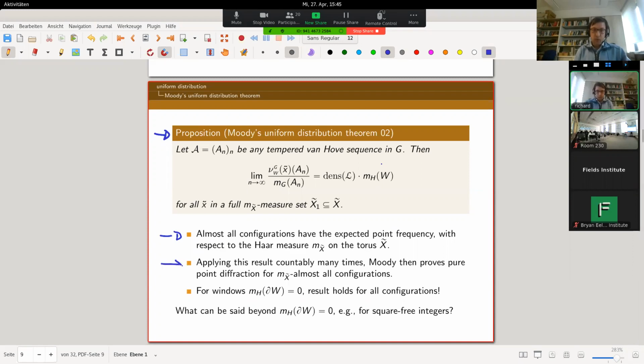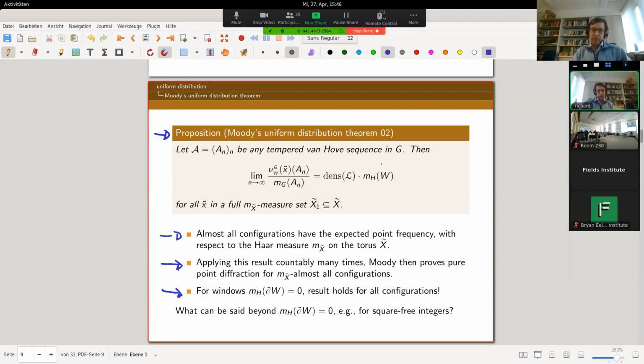What Bob was then doing is applying this result countably many times in order to prove pure point diffraction also for almost all configurations in this extended hull, which is maybe an interesting and maybe also unexpected result. And the point here is, if the window is nice, a regular window, then the result actually holds for all configurations.